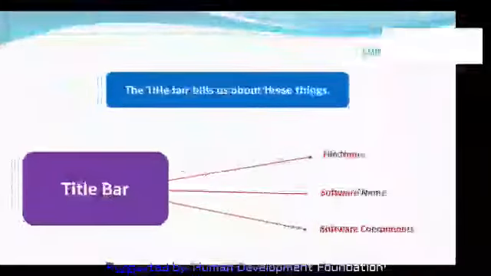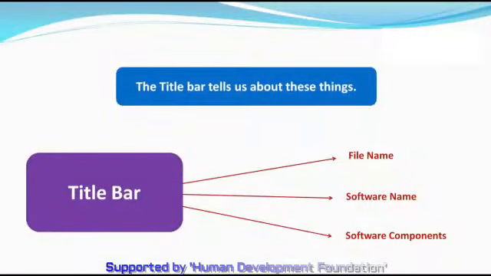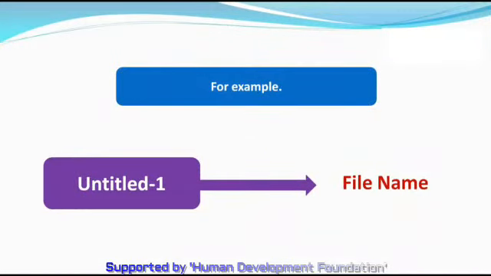The title bar tells us the file's name, the component's name, and also the name of the software. For example, if we look here, it says Untitled 1, which shows that this file is not yet saved.